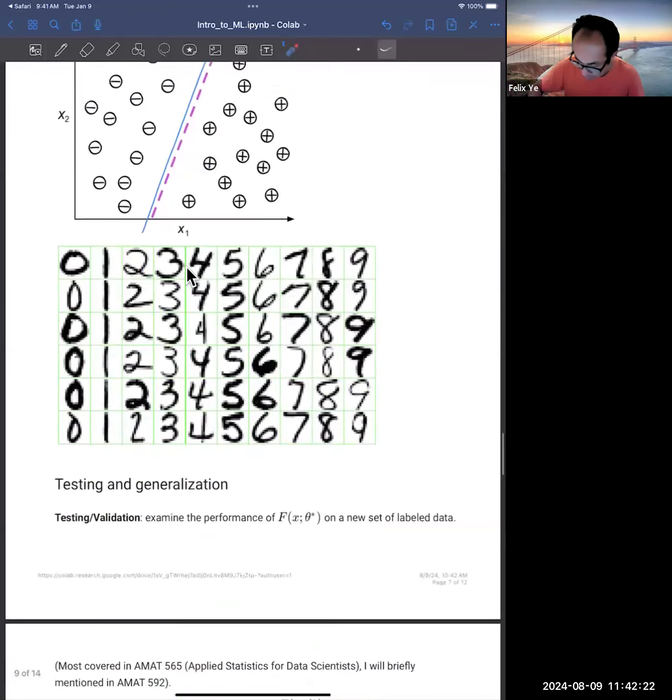Right here is another data set that we will use a lot, the MNIST data set. So what is the MNIST data set? We know this is 0, this is 1, and we have a 9. So we have 10 categories, 0 to 9.